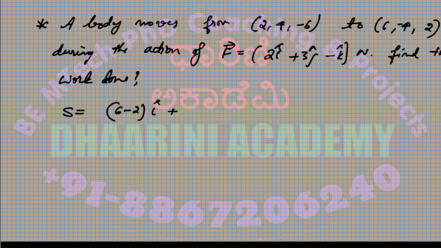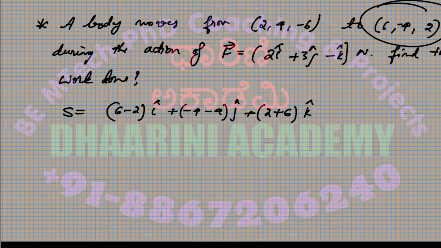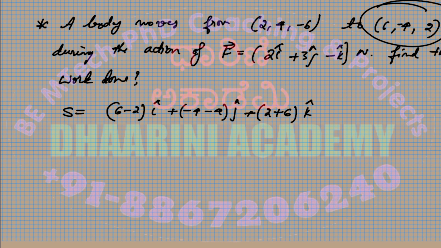Then minus 4 into j cap, plus 2 minus of minus 6 is plus 6 into k cap. So subtracting 6 minus 2, minus 4, once again minus 4, 2 minus of minus 6 is 2 plus 6.